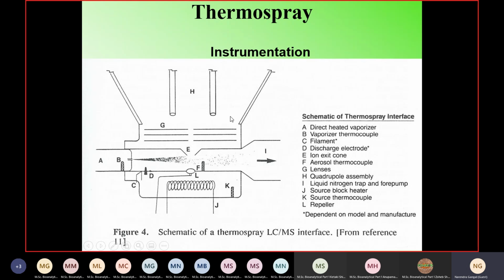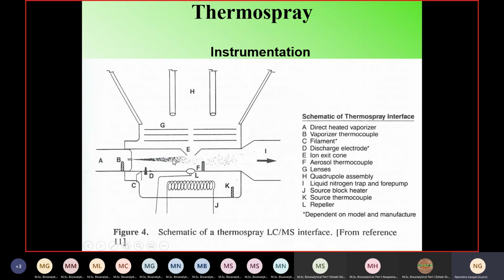This is not the mass analyzer portion. I need a high vacuum once my ions are formed here and extracted into my mass analyzer portion, because I do not want any other ions to come in between. So this is the high vacuum portion, whereas this is the low vacuum portion, because it is connected to the whole vacuum system.